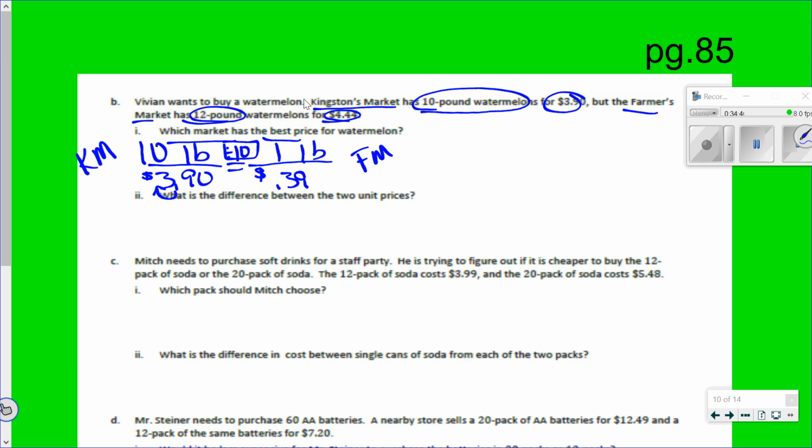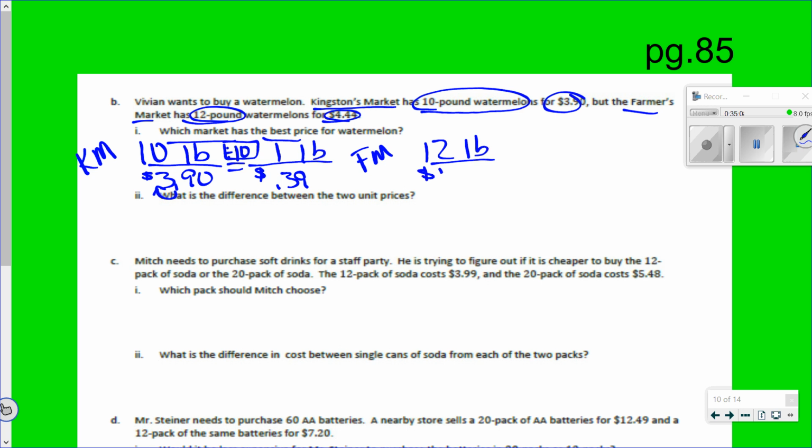What do I have to have for rate? Units. 12 what? 12 pounds and 444 what? Dollars.